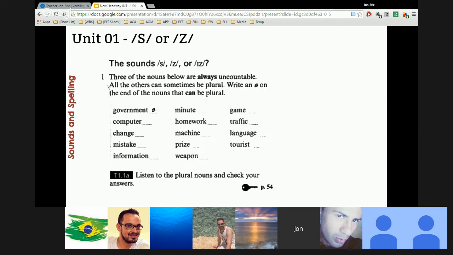Let's do one more. Mr. Wilson. The second word in the second column is? Homework. Good. I think it's countable. Homeworks. Guess what, Wilson? It is not countable. No, no. One homework, two homeworks doesn't exist. We only say do your homework.